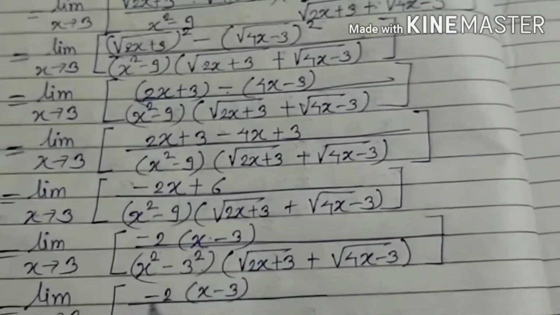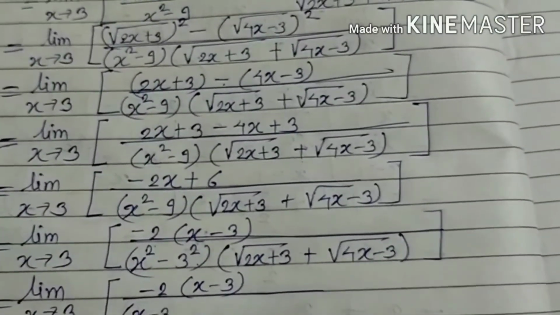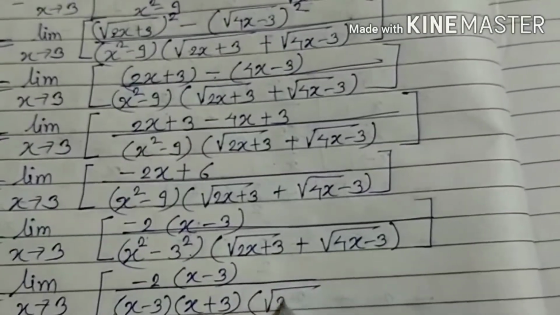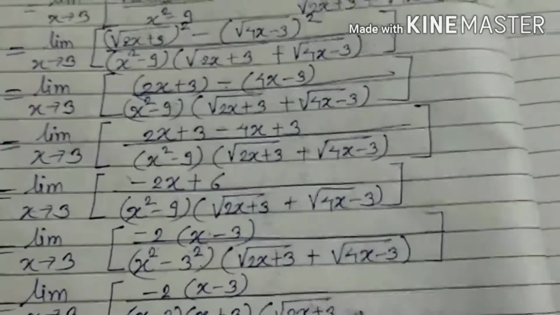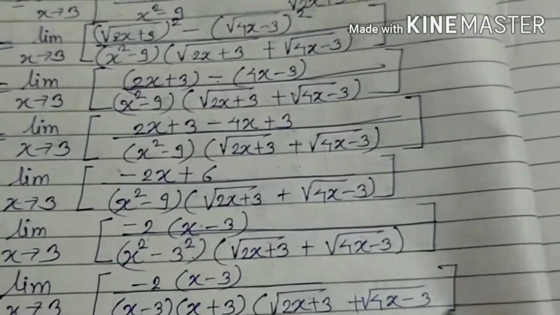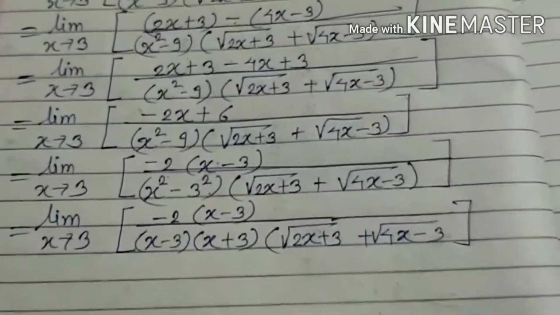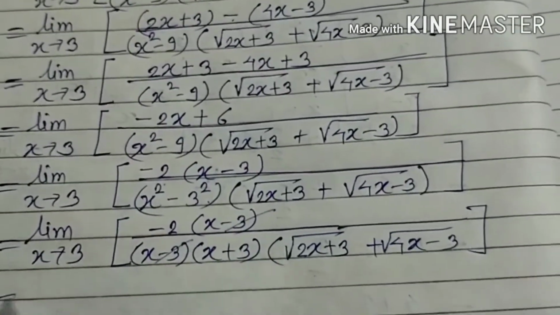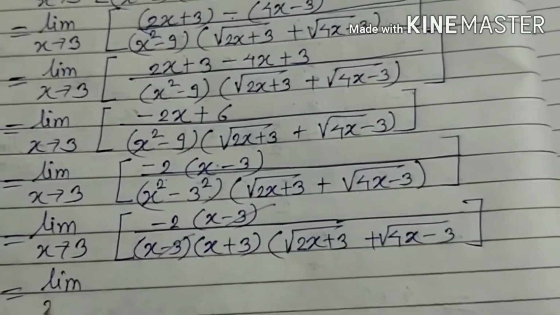Now it is a square minus b square, so a minus b, a plus b. Now you can observe that this x minus 3 gets cancelled and write the remaining terms.